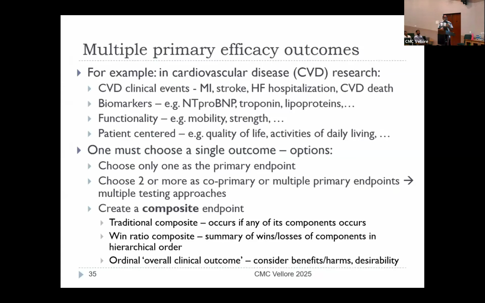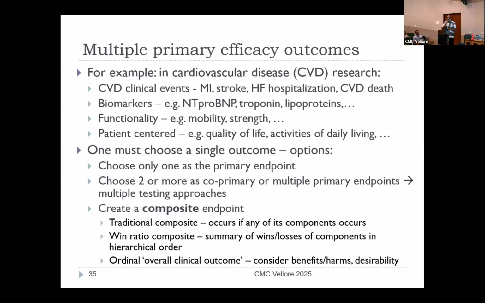The other thing to do is to create a composite endpoint, a composite event. And there's traditional composites, and we'll talk about that. This occurs if any of the components occurs. There's something that was proposed by Professor Stuart Pocock in 2012. He called it the win ratio.